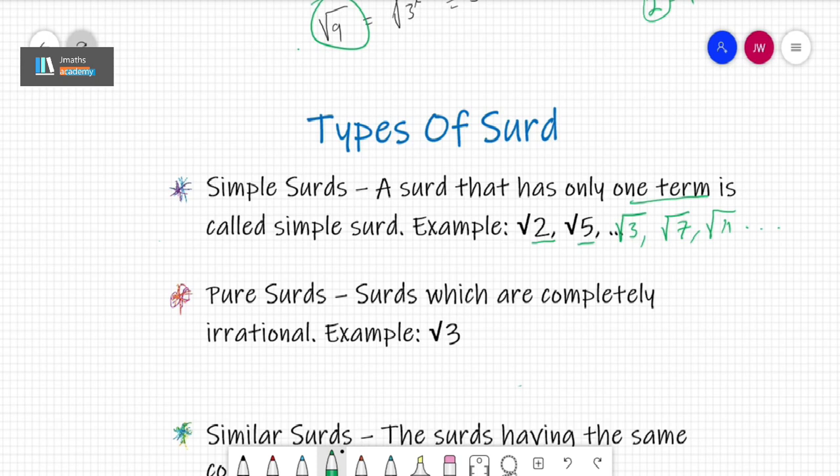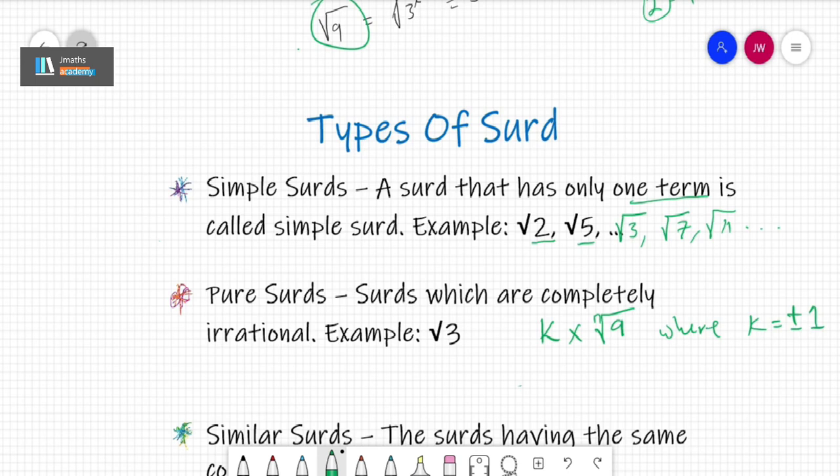And we also have pure surds. Pure surds are surds that are completely irrational, like root 3. And here's an expression to further explain. If you have k multiplying the nth root of a, where k is equal to plus or minus 1, then it is called a pure surd.